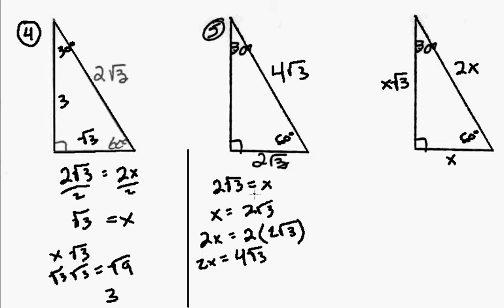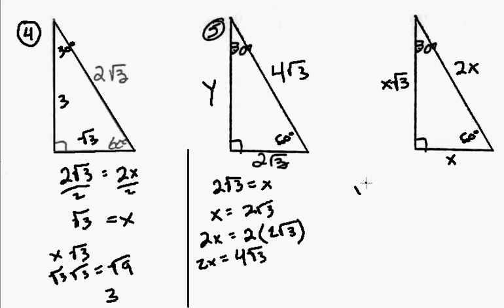Okay? Now, notice this side is short side times the square root of 3. So if we call this y, no, we don't want to call that y. Let's just recognize the fact that we're going to take this 2 square root of 3 and multiply it by the square root of 3. So, well, we can call this y. Sure we can.